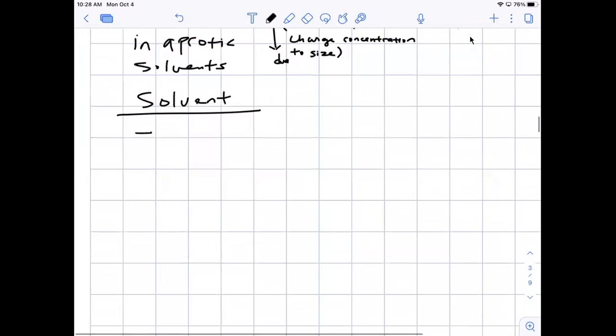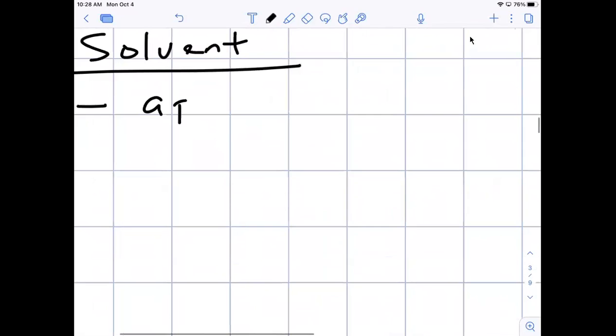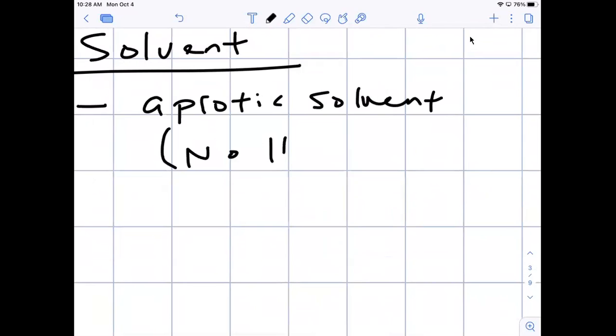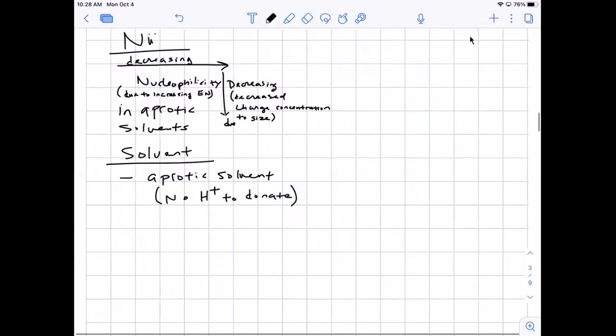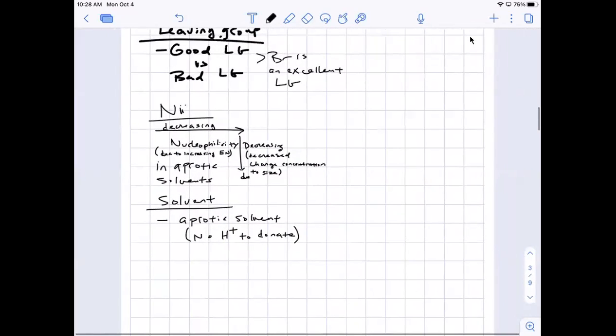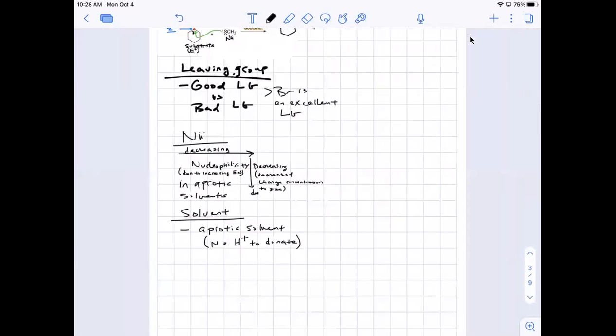For the SN2 reaction, which is shown up top, we want to do this in what we call an aprotic solvent, so no H+ to donate. We want a solvent that has no protons to spare, so you don't want an alcohol or an acid or water.